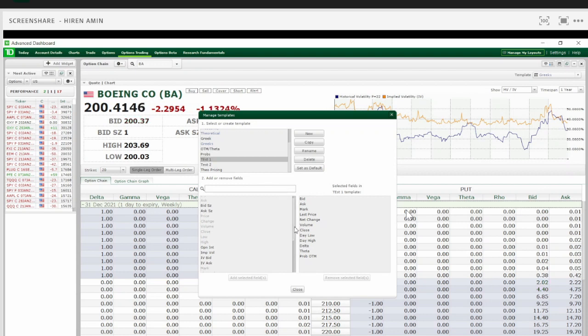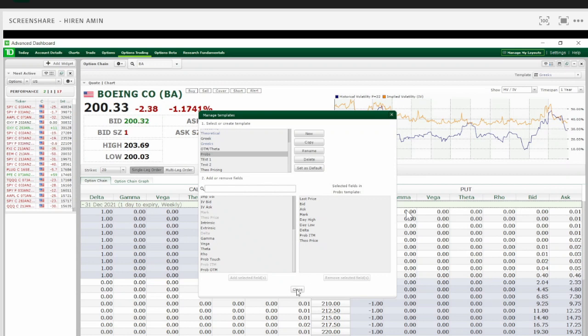Let me just see if I have Theo price. I think I might have theoretical price in there. Yeah, let's throw theoretical price in there. I'm going to go to probabilities and go to theoretical price. Where is it? There we go. Okay, this theoretical price, so you can go into Theo price.